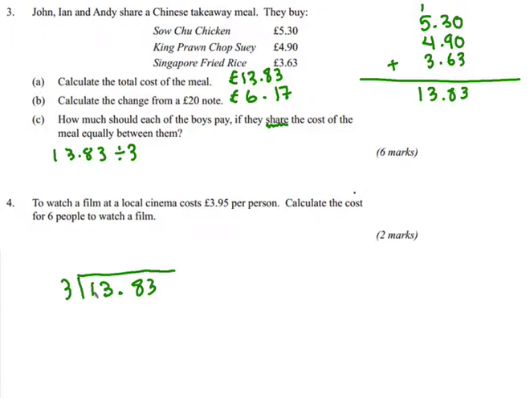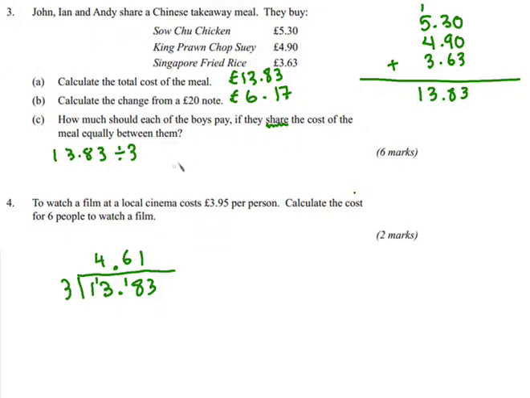Now 3 can't go into 1, so carry the 1. 3 goes into 13 4 times with the remainder 1. Reach the decimal point, put a decimal point. So 3 goes into 18 6 times, and no remainder. 3 goes into 3 just once with no remainder, and we're left with £4.61.